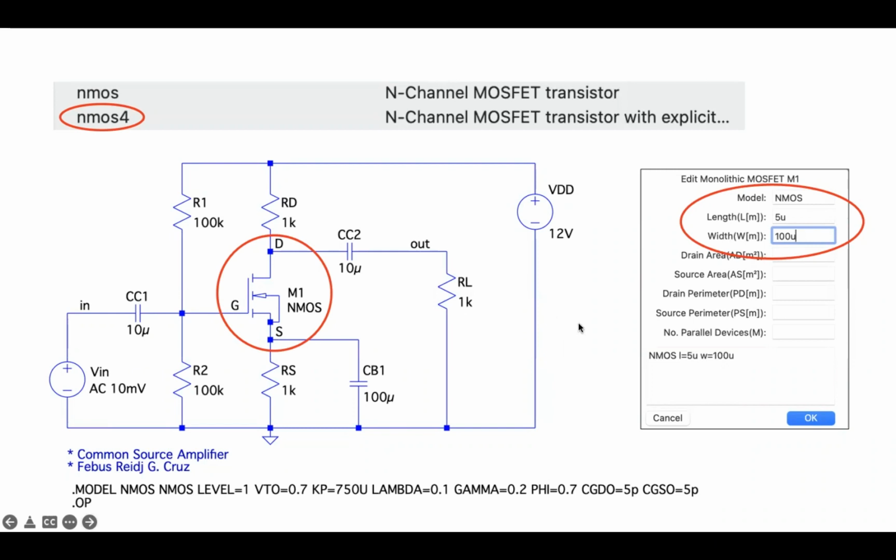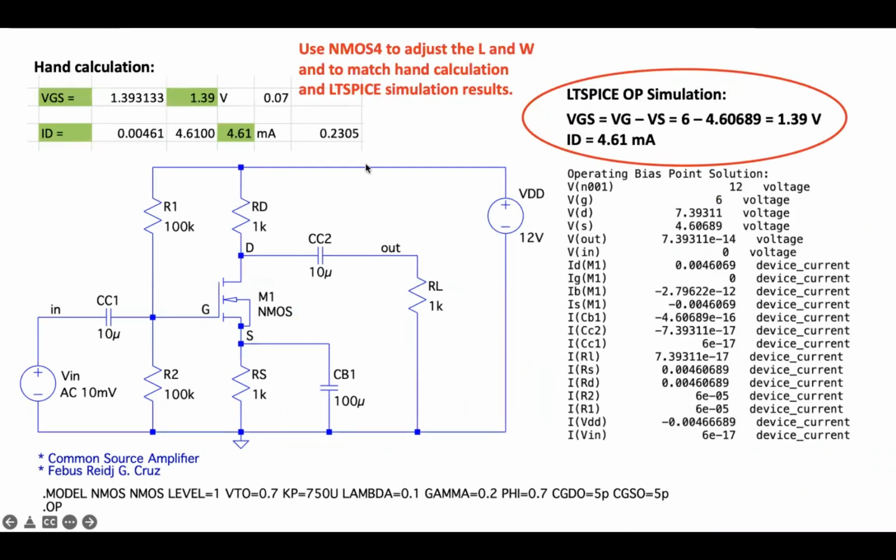And by doing that, we were able to match the hand calculation results with our operating point simulation results. So we had VGS equal to 1.39 volts and a drain current of 4.61 milliamperes.